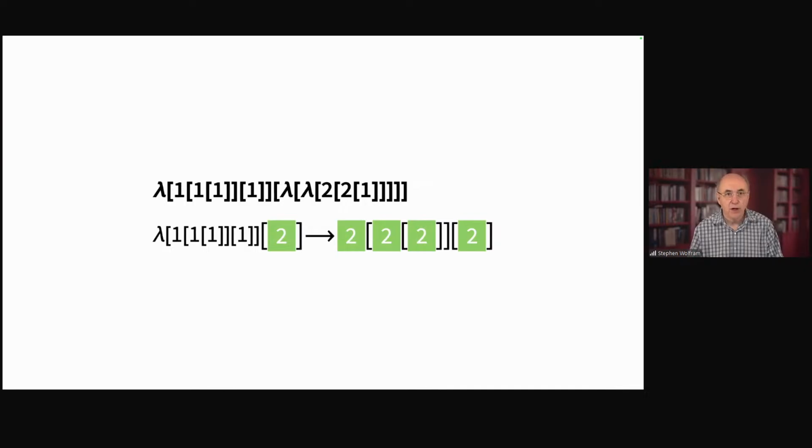The whole lambda evaluates according to that form there that shows the green, this thing here, the lambda of 2 of 2 of 1, that is Church numeral 2, which we're showing as this green 2. And applying the lambda to that Church numeral, we can represent the result in terms of applying Church numerals to Church numerals.